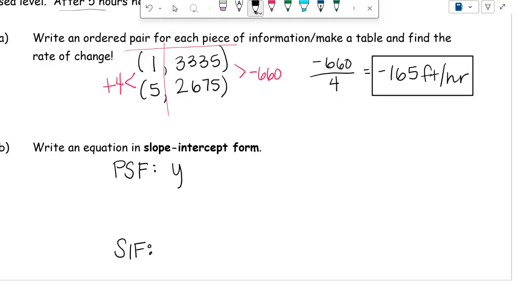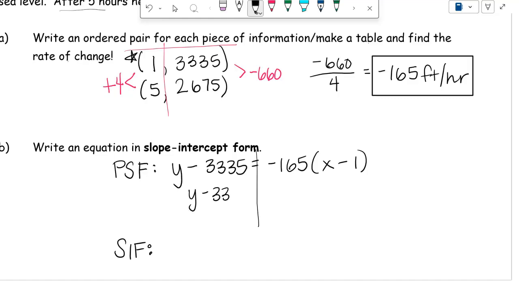So we have y minus, I'm going to pick the top point, y minus y1 is 3,335, equals our slope we said was negative 165 times x minus x1. If we solve, we need to distribute the negative 165. So you get negative 165x plus 165.